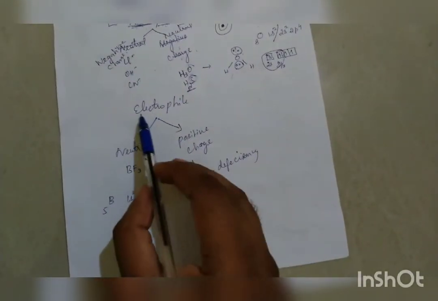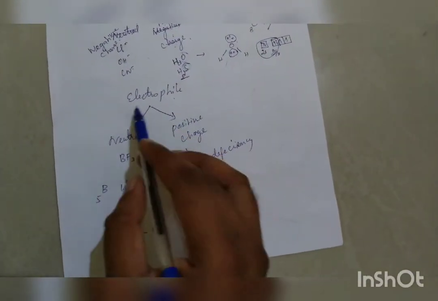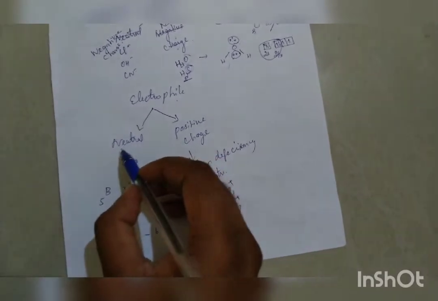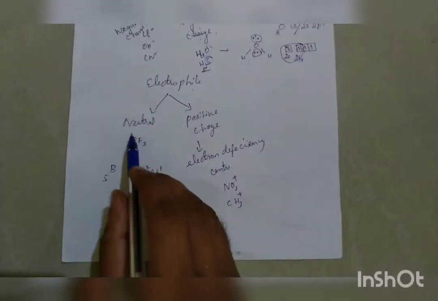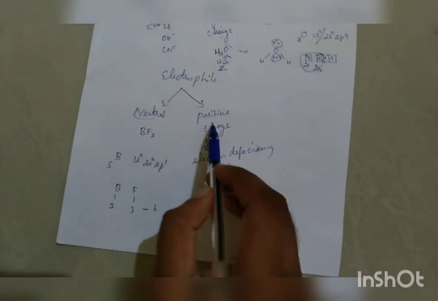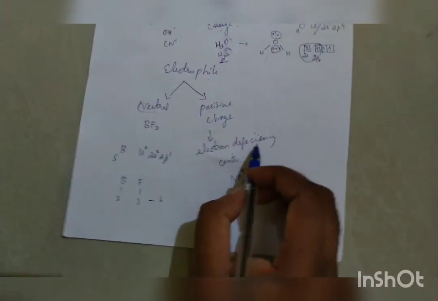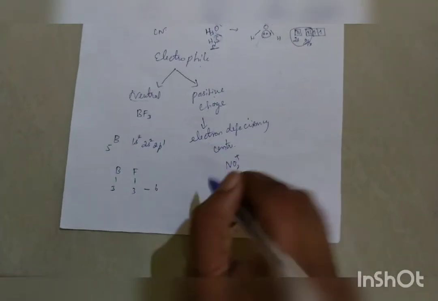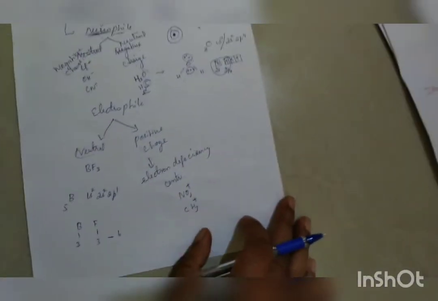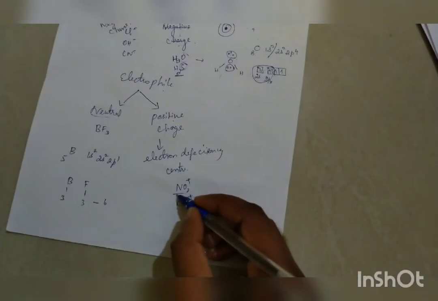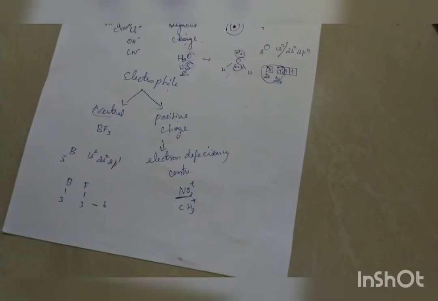Now we would like to see the electrophile. What is meant by an electrophile? Here neutral and positively charged electrophiles are possible. It is electron deficient. We should not call it proton rich. Why can we not call it proton rich?